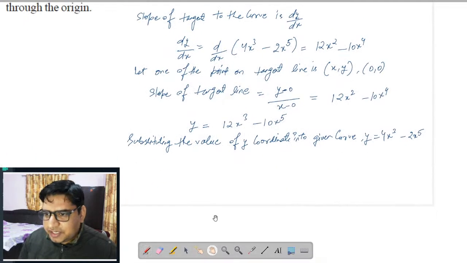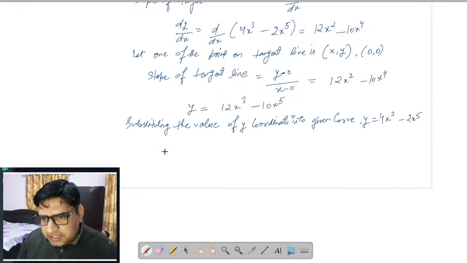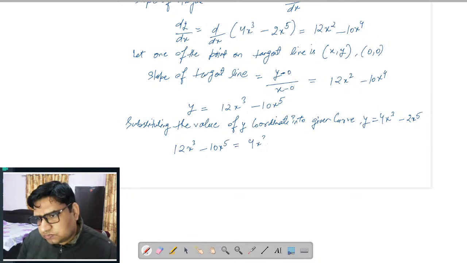Okay, because we only got the y coordinate actually. So y is equal to, this will be 12x cube minus 10x power 5, and that is equal to 4x cube minus 2x power 5.